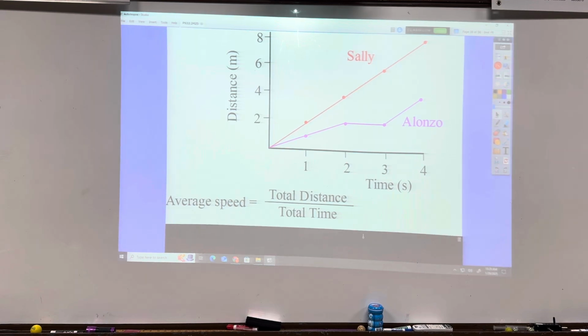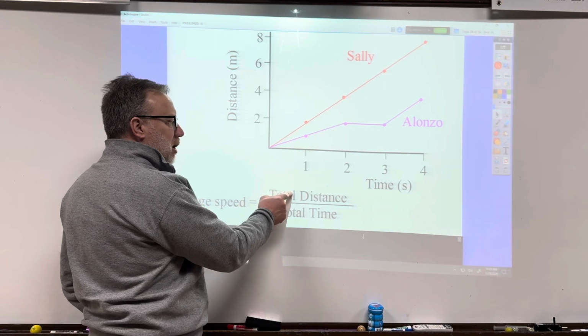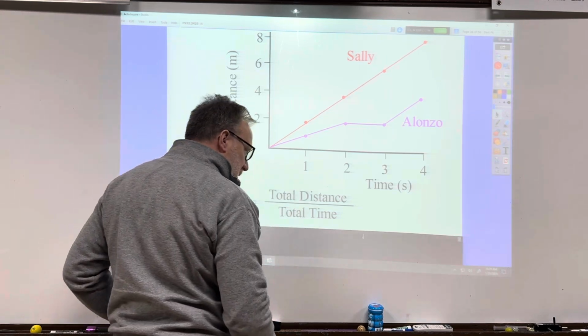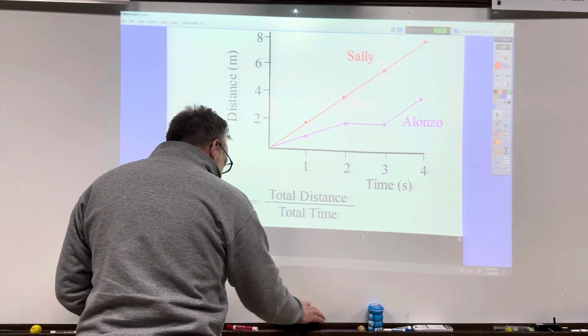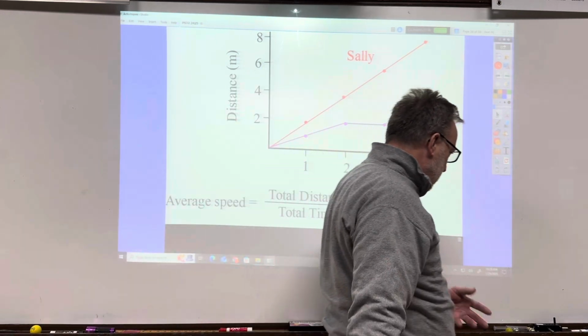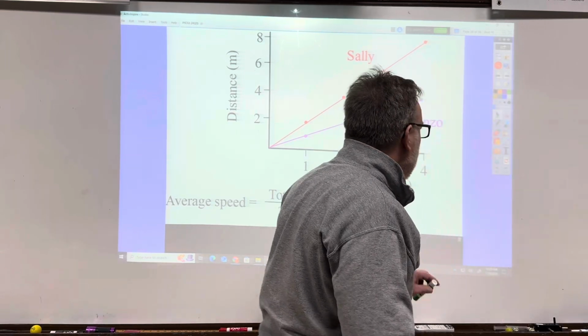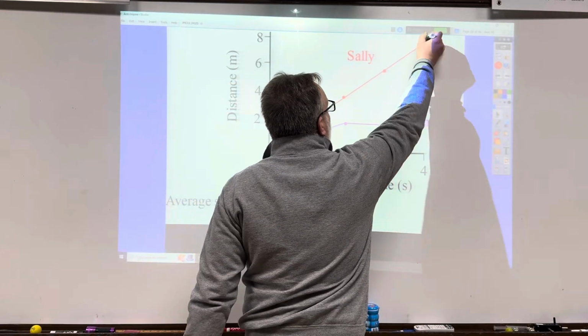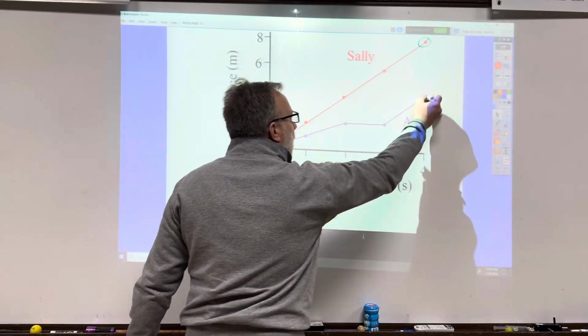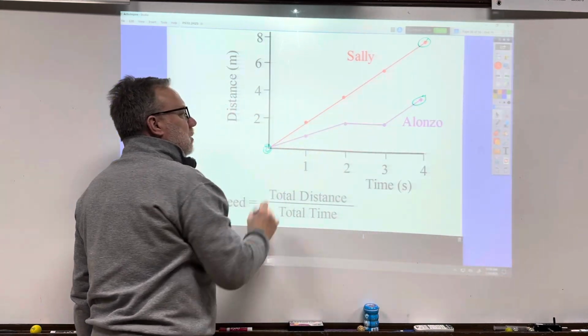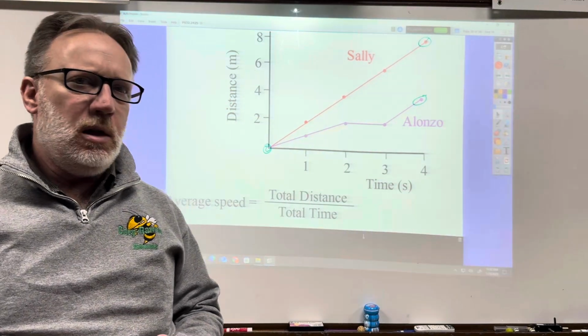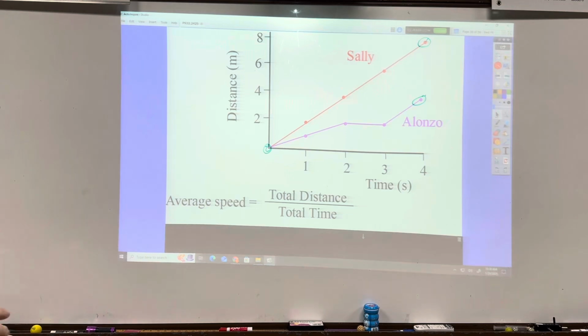All right, it says, what is the average speed of each runner? So average speed is total distance divided by the total time. And the way you do that, which you probably didn't do right on your paper just due to lack of experience, is the total compared to the start, and the total compared to the start. And the other ones aren't affecting the average.